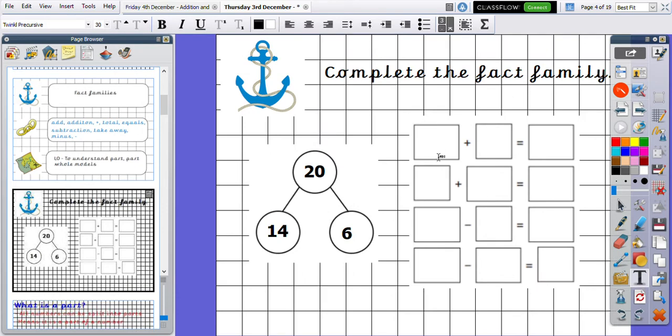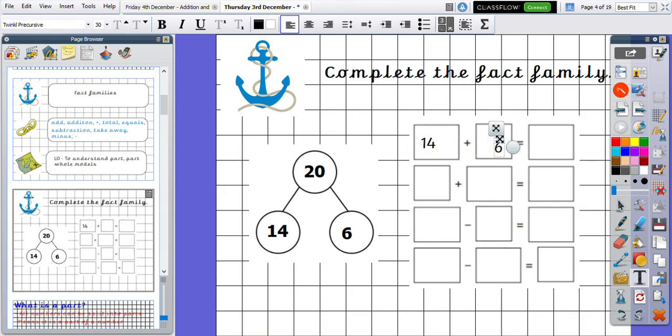Okay then, so hopefully you have completed this, and I'm going to go through some of the answers with you. So for my first addition sentence, I know that these two numbers added together will add up to make this number here. Okay, so let's have a look. So the first one I'm going to put in is 14 add 6 equals 20. Perfect.